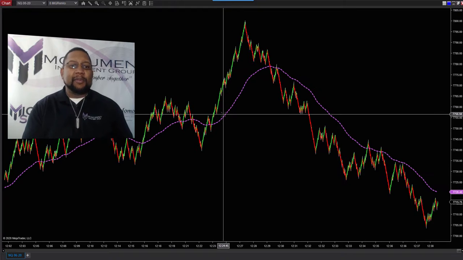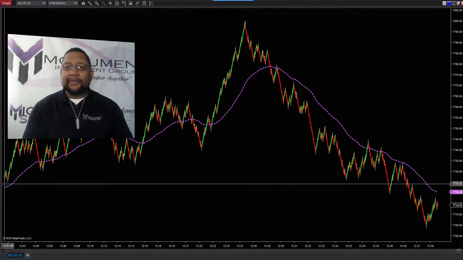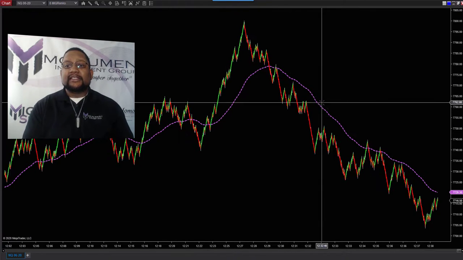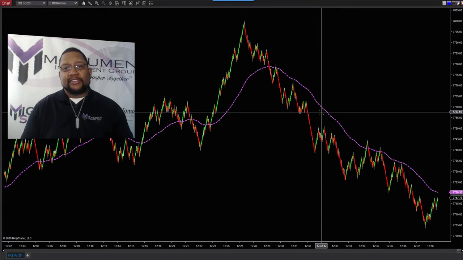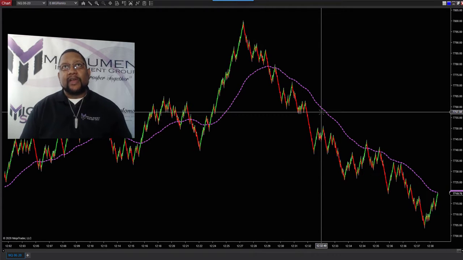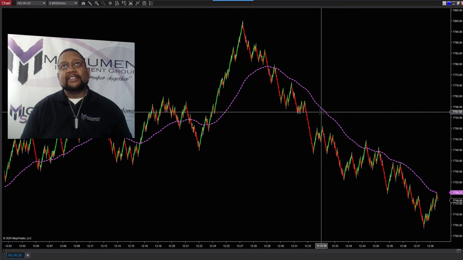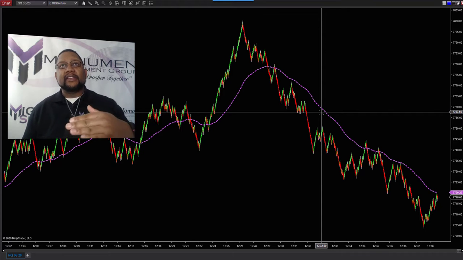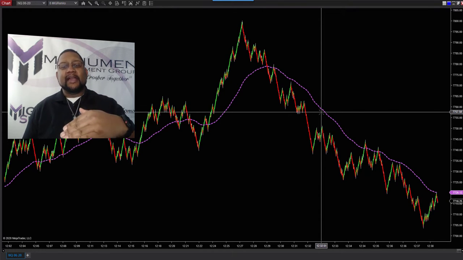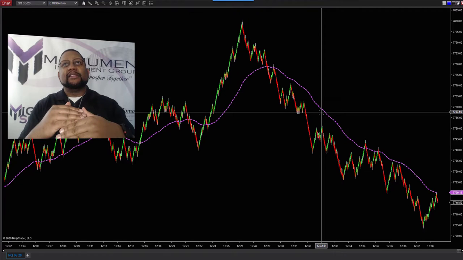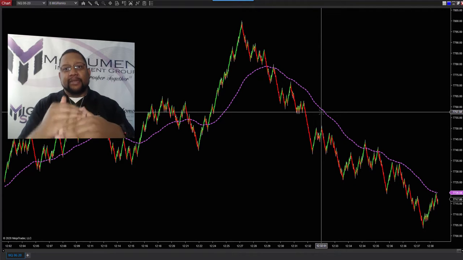You see that little purple line going through? All that is called a moving average, okay? The best way to describe it is, if you look over a period of time, that purple line is saying this is where the price averaged out to be.